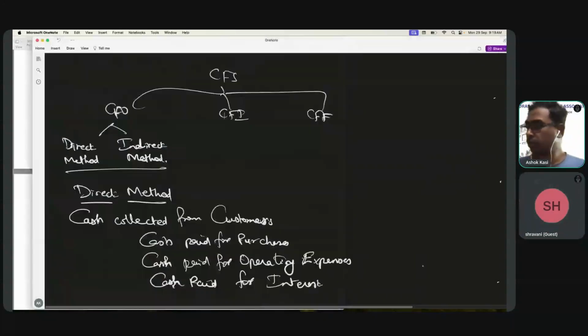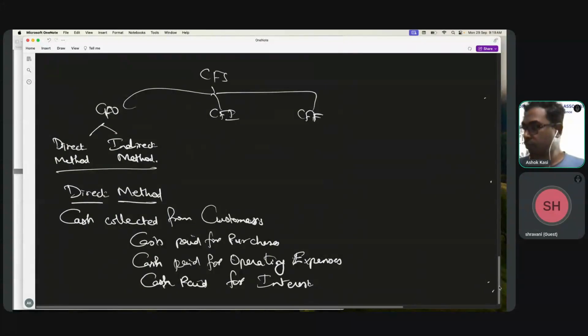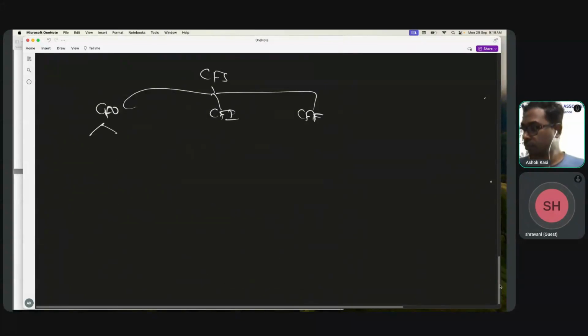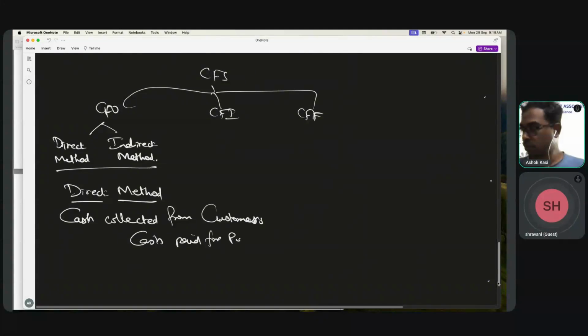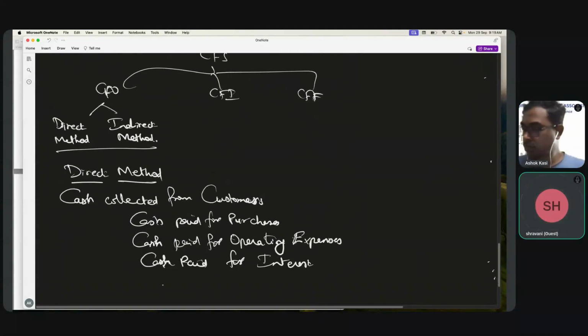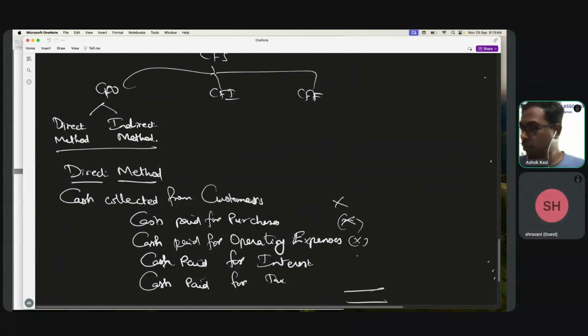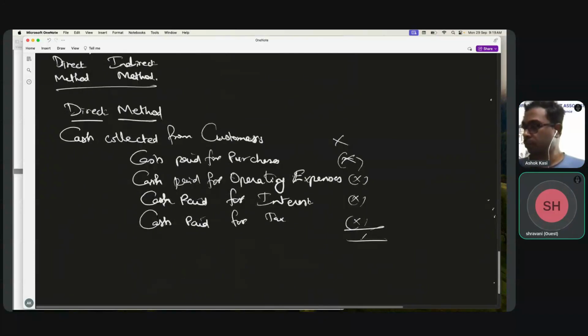Then cash paid for taxes. That means all these are minus, total some number. Okay, this is the format.